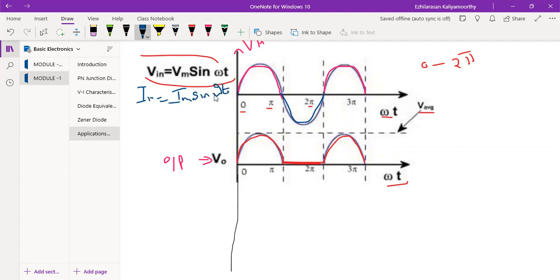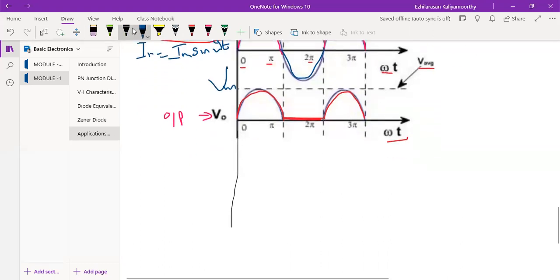I can write in terms of current or in terms of voltage. Here I wrote V0. The peak is your Vm. In the same way, I can do it for current also.